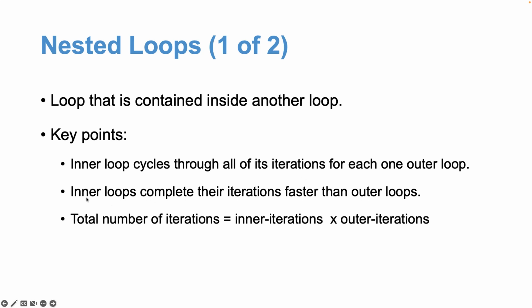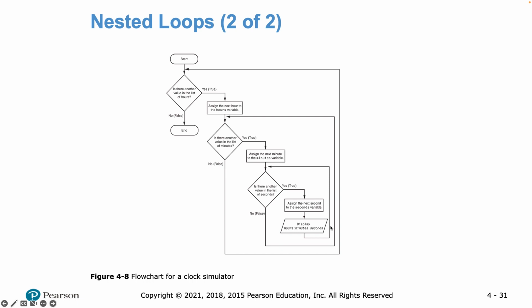So we can say the inner loop goes through its iterations faster than the outer loop, and the total number of iterations equals the number of inner iterations multiplied by outer iterations. Now this is an example of how a nested loop would work.